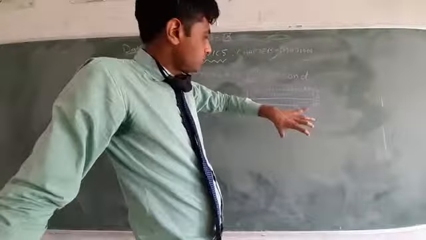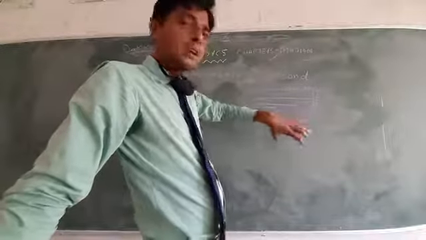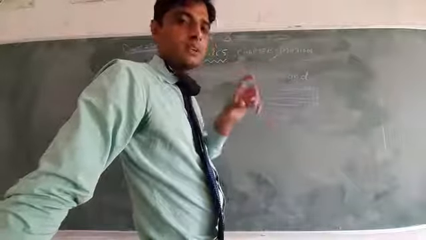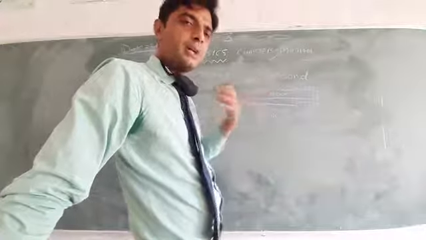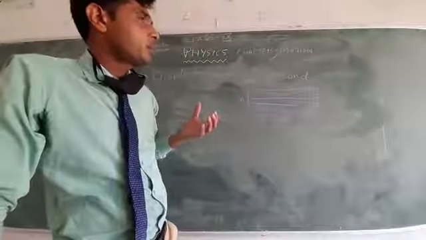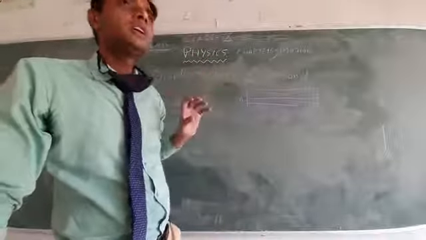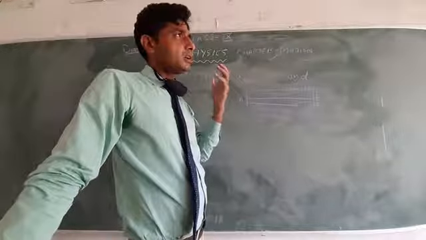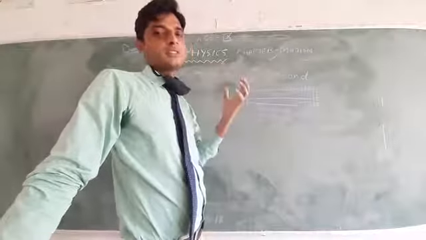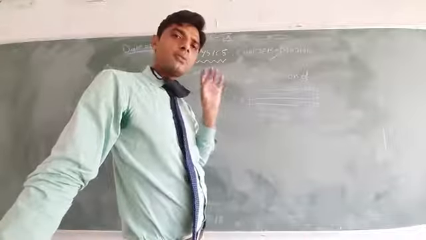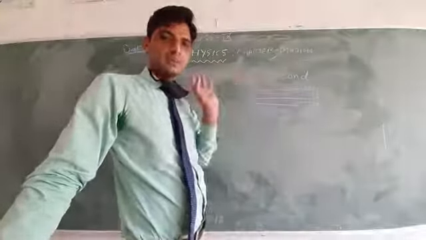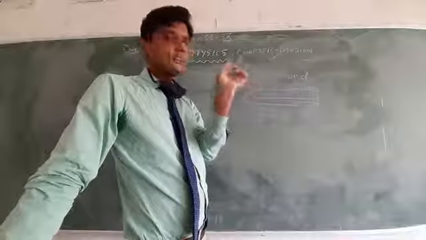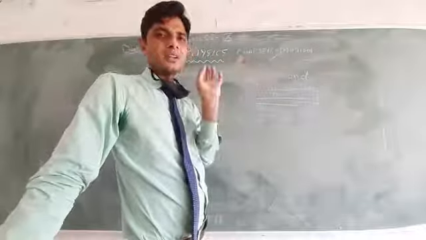I hope you understood what nth is: the distance covered in a particular second. I am repeating again. For example, if during a journey the displacement travelled after 50 seconds is 100 meters.